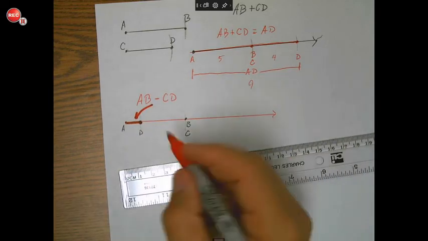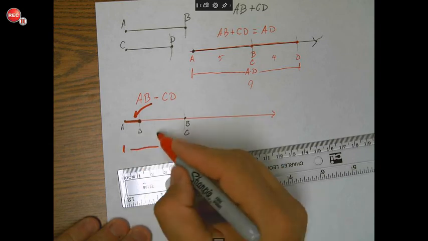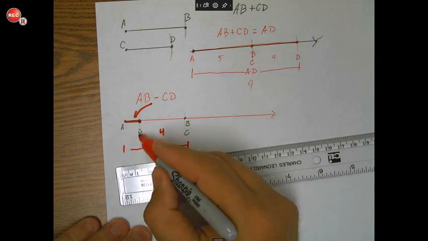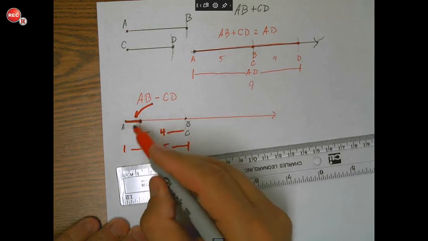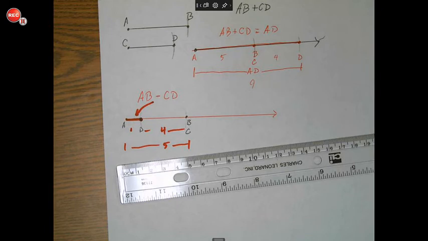If I were doing numbers again, if AB was 5 and CD was 4, what would be the length? 5 minus 4, which is 1. Hunter, does that make sense? Good. AJ, does that make sense?